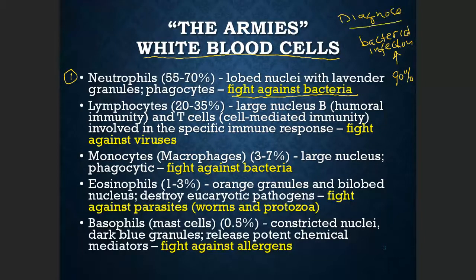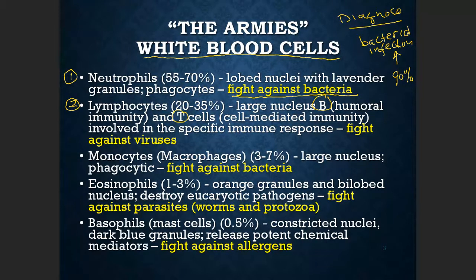Okay, the second type of white blood cell is called the lymphocyte. This is the second most abundant type of white blood cell. And again, the lymphocyte consists of B cell and T cell. They are usually present in about 20 to 35% in healthy blood.